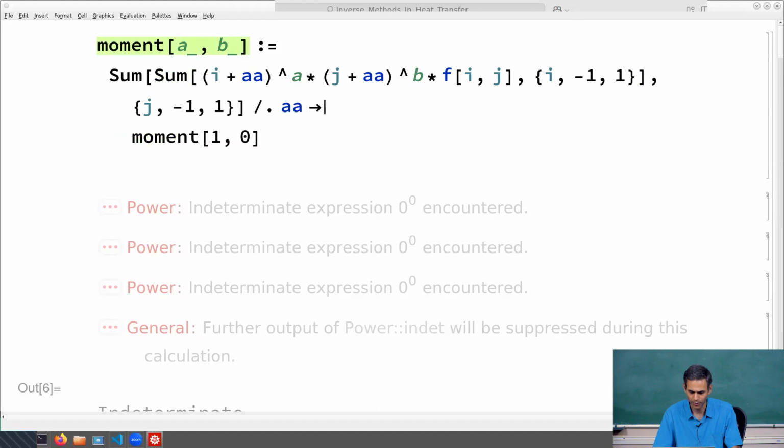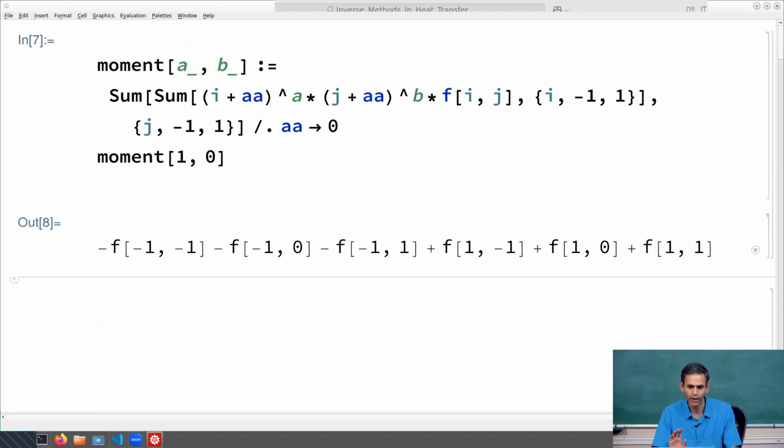With that we make Mathematica evaluate 0 to the power 0 as 1, with the small epsilon that we have added.